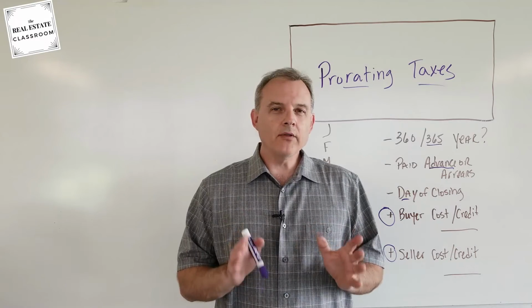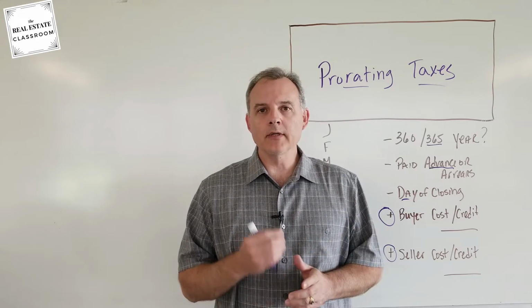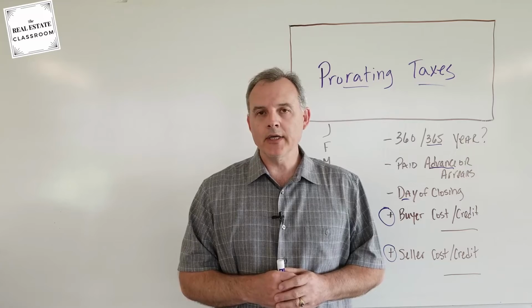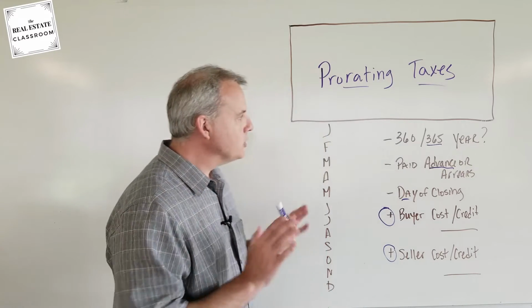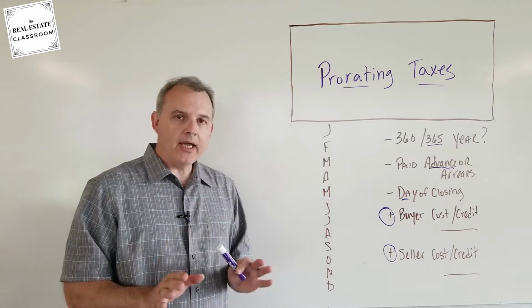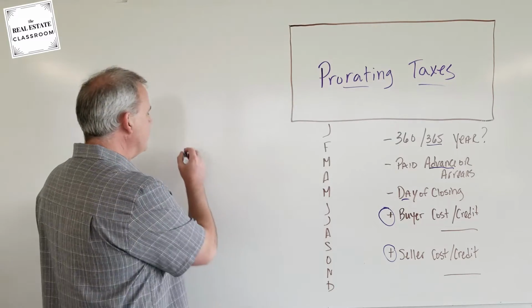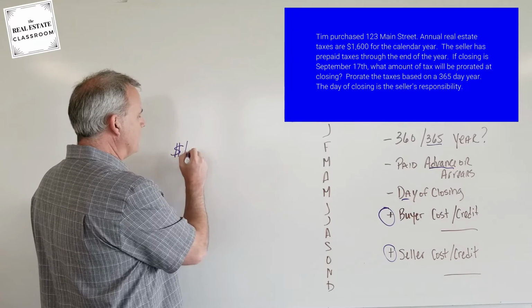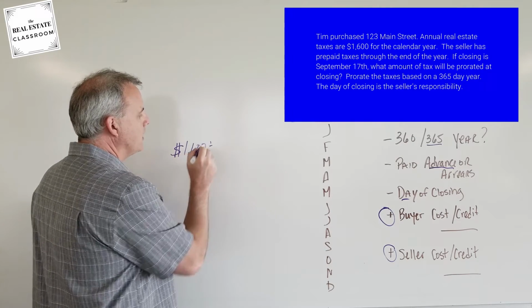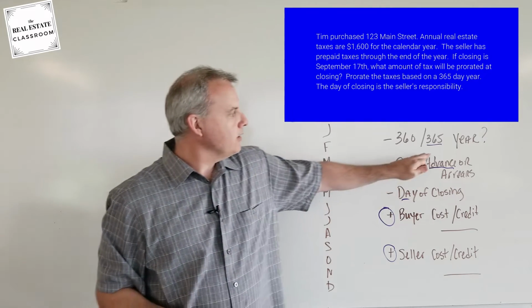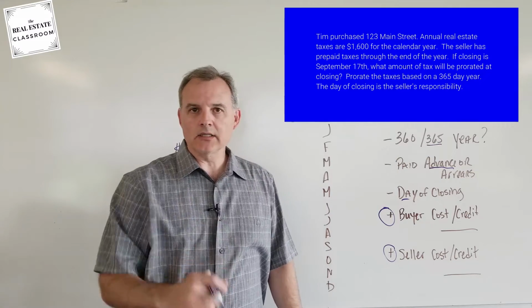All right, so now that we have all the information that we need from our problem, we can start doing our calculation. It all starts with the total amount of taxes that are paid each year, and the total taxes paid every calendar year is $1,600. But we know that we're going to make our calculation based on a 365-day year.